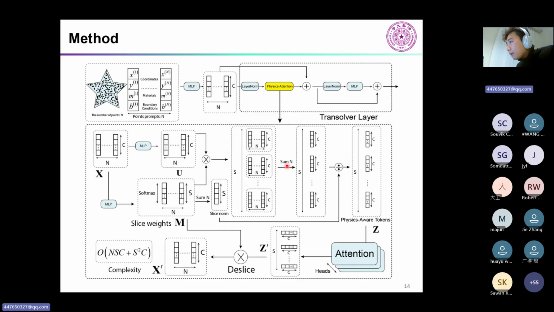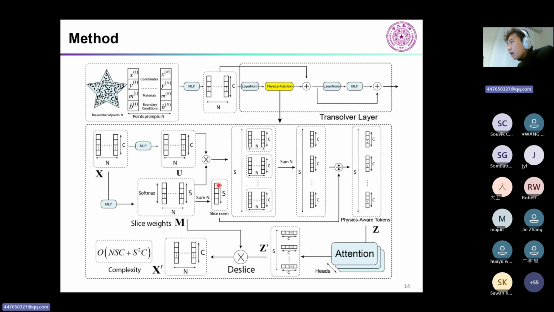Then we sum along the n points. So we get S vectors of dimension C. We get this, and then we use the slice norm to divide it. For example, this matrix we divide by this value.